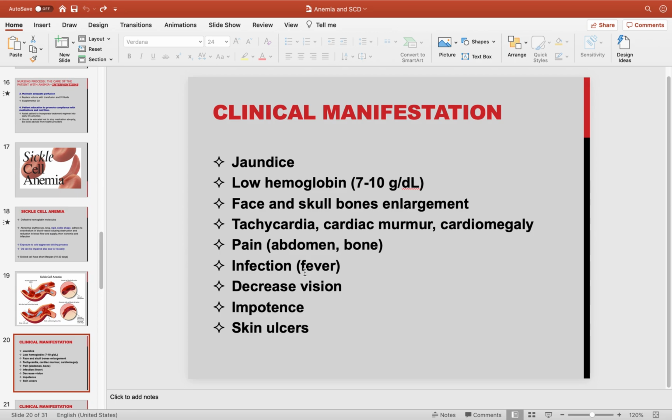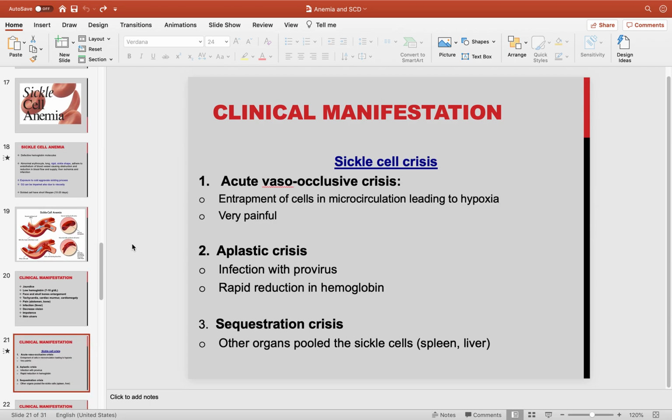The patient may also develop decreased vision, because the shaped cells are stuck in the blood vessels and sometimes cause many problems to other organs. The patient may also have skin ulcers.